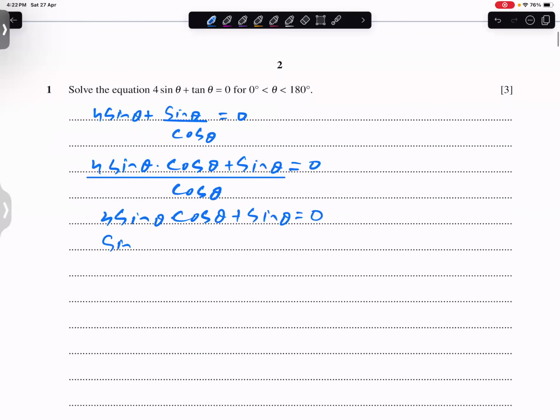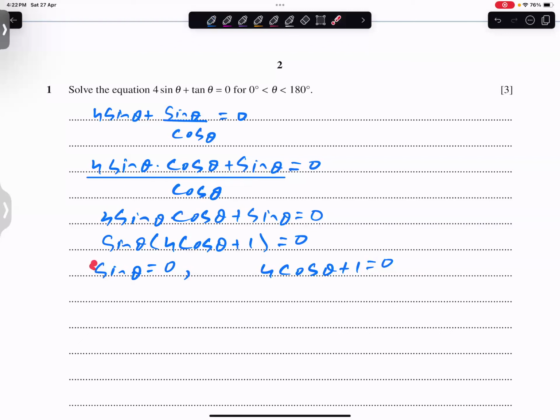Now take sin as common. So inside will be 4 cos theta plus 1 equals 0. So sin theta equals 0 and 4 cos theta plus 1 equals 0. Now you know that whenever sin theta is 0, this is considered as the special case, okay?